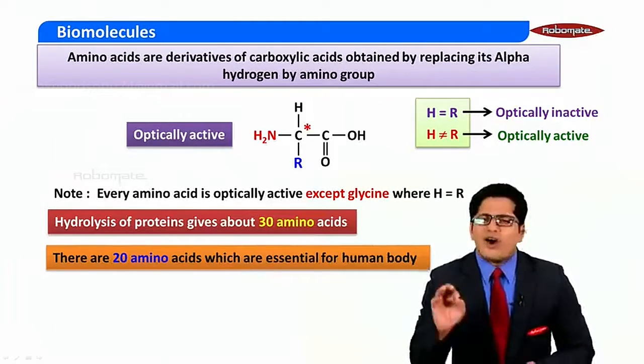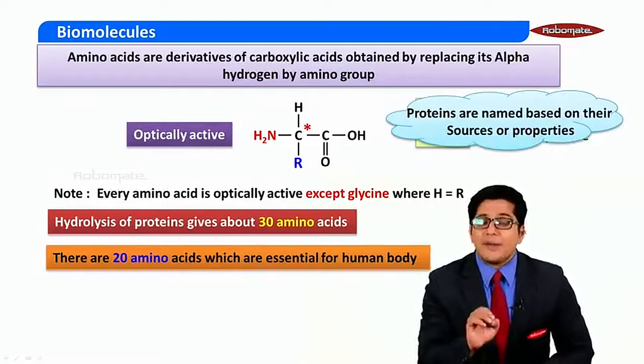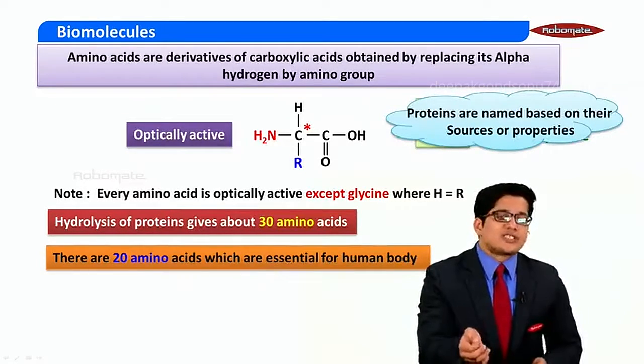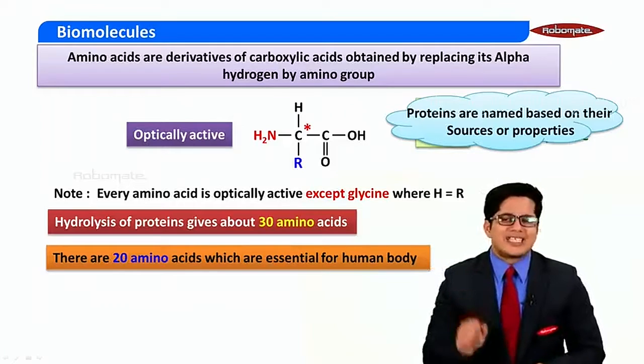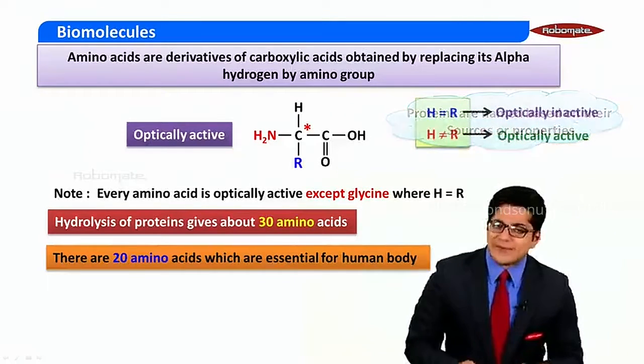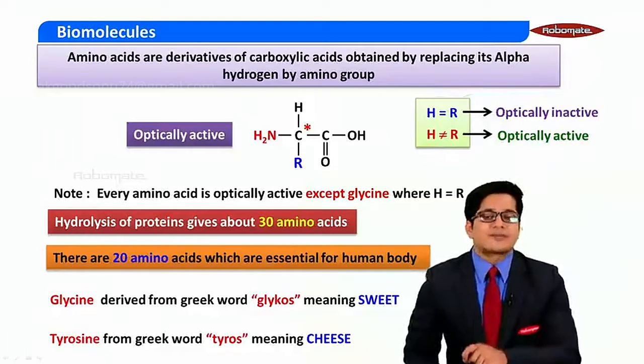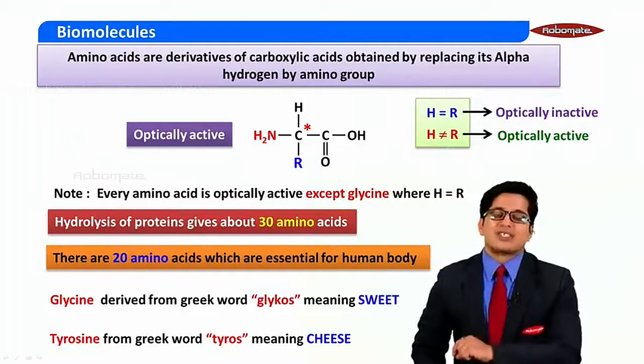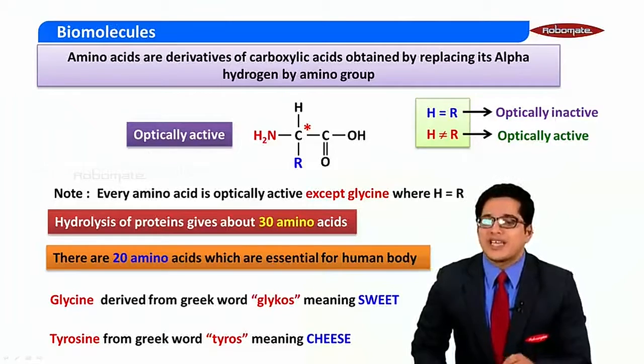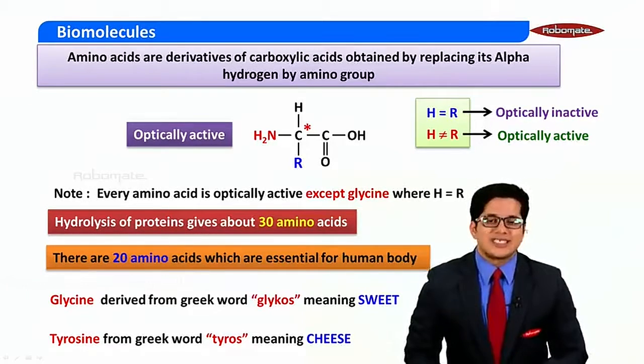And lastly, all the proteins are named based on either their sources or their properties. Let's see an example for this. Then, name glycine gets derived from glycos, meaning sweet, whereas tyrosine is derived from the word tyros, meaning cheese.